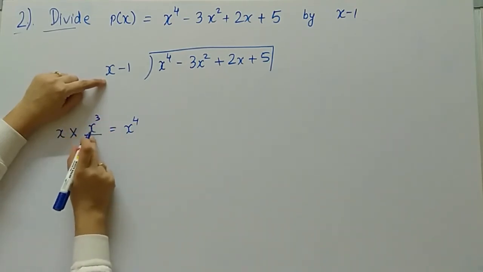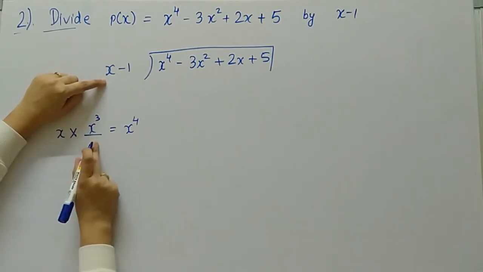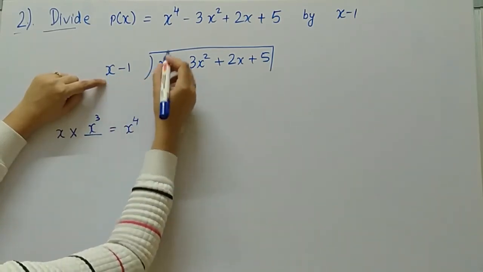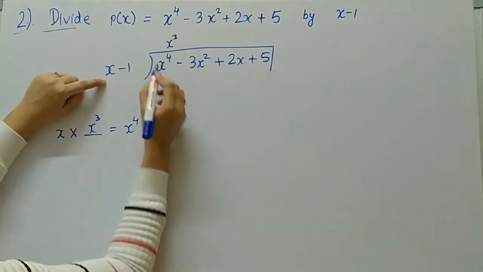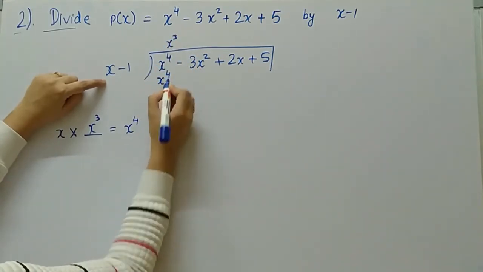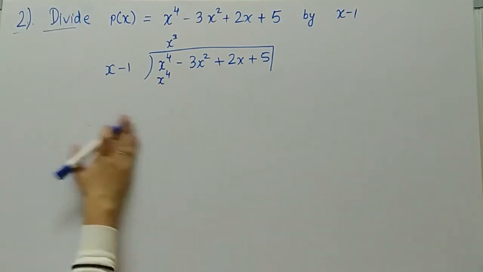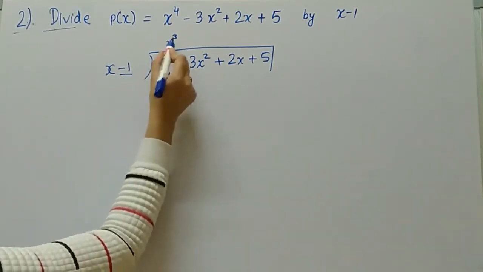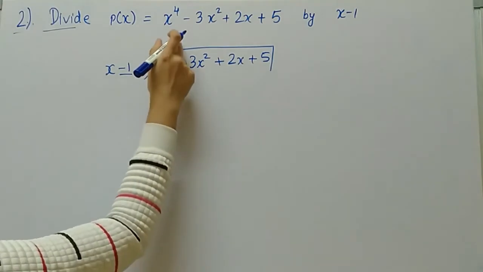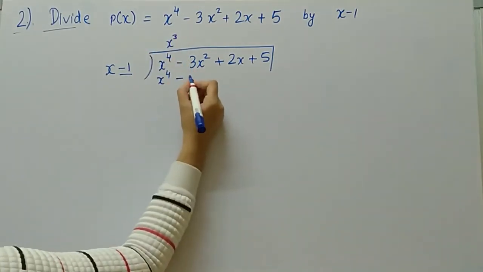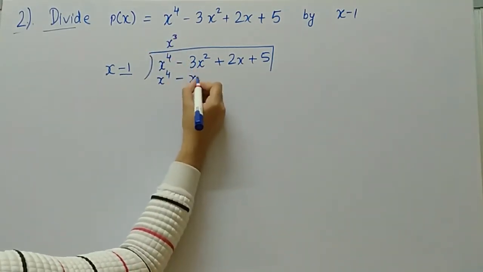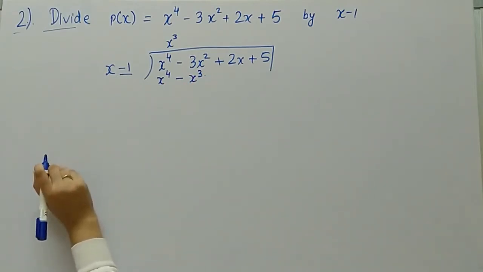Clearly the number is x cube. So x multiplied by x cube is equal to x to the power 4. And when minus 1 is multiplied by x cube, we will get minus x cube.